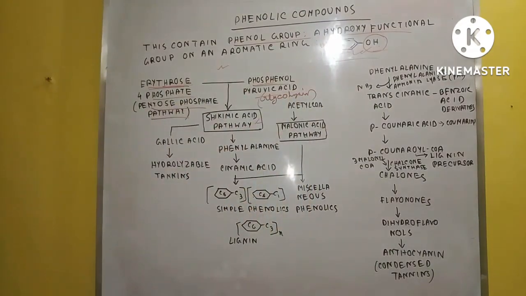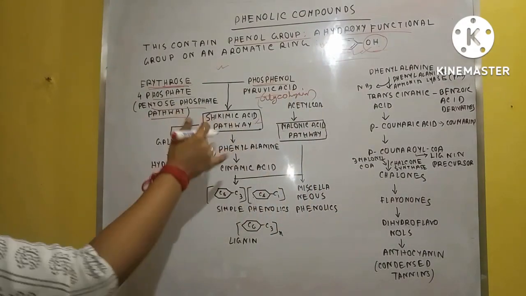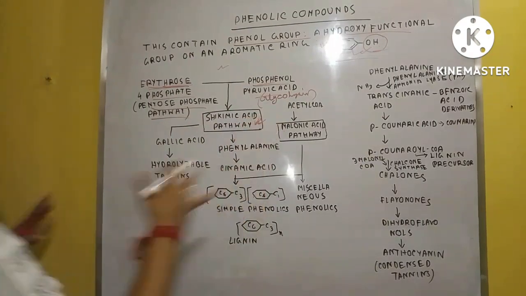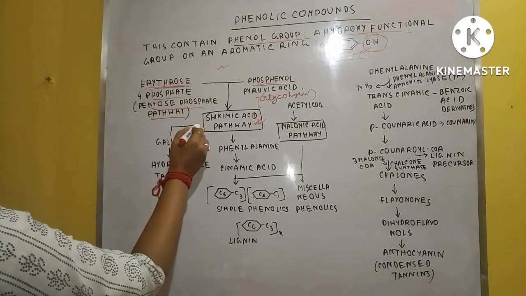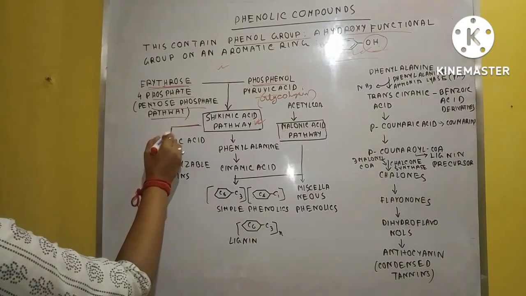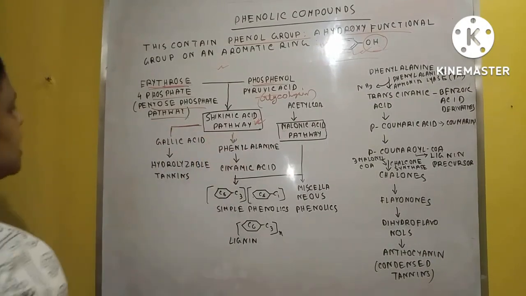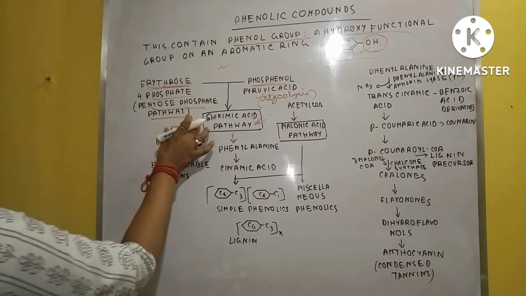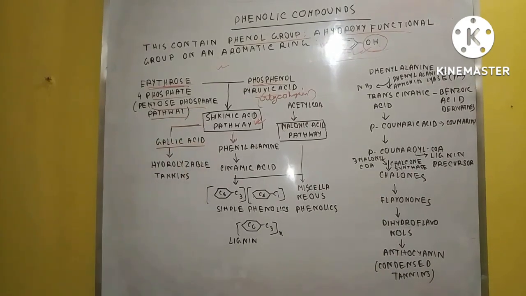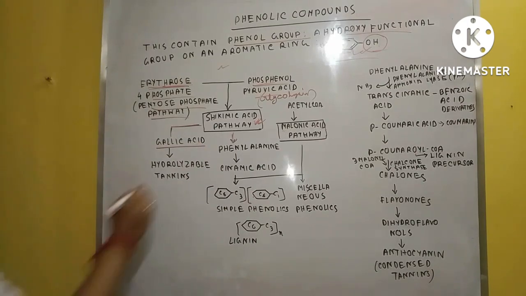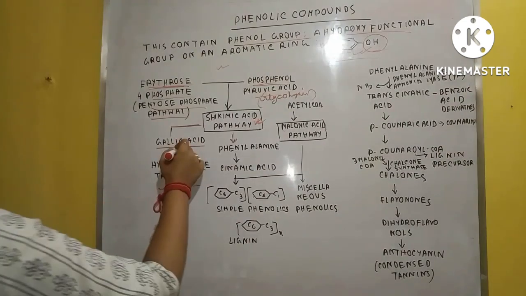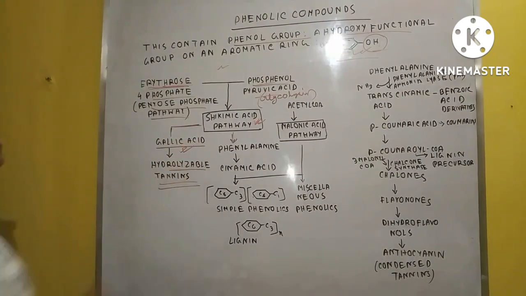So both are added here, and in this pathway two branches arise. From one branch, gallic acid is formed, and the gallic acid is hydrolyzable and forms the tannins.